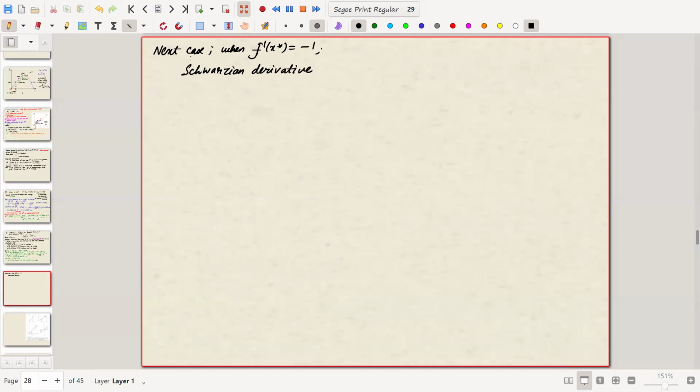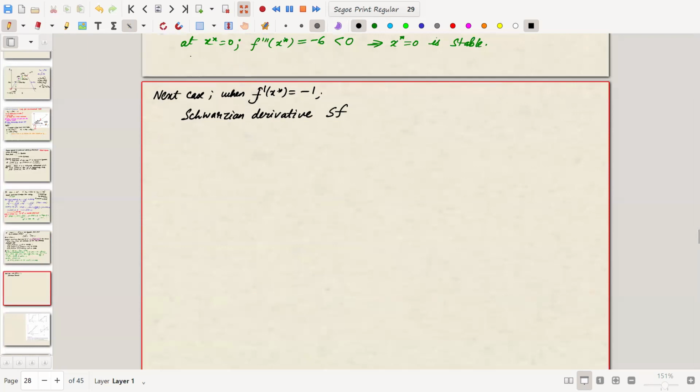It is denoted by Sf. It is good for you to know this. For a function f, Sf is given by, of course, a function of x because we are taking a derivative.